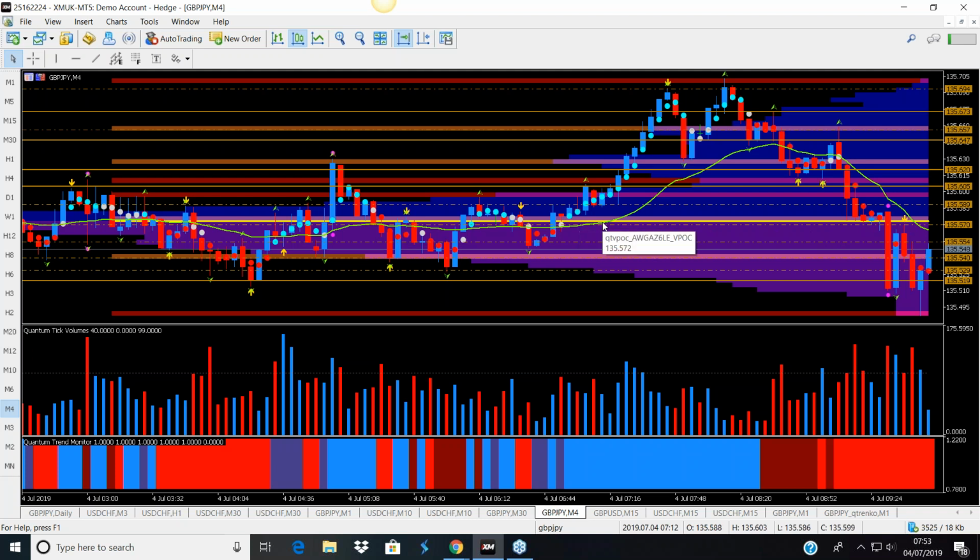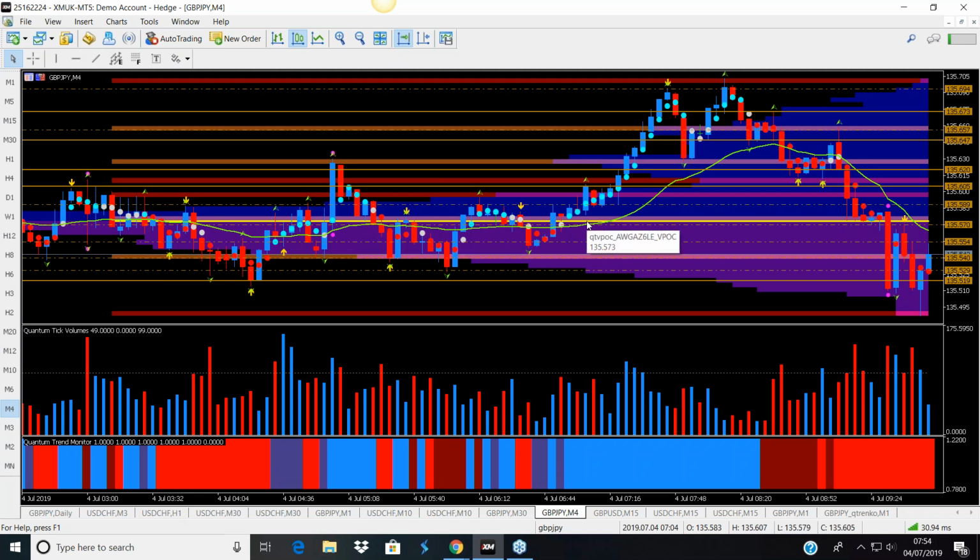The volume point of control is that area on the chart where there is price agreement, there is balance in this market. A trend, if you like, is imbalance. There is a divergence, there is this asymmetry. When price rotates around the volume point of control, or looks to break away and comes back all the time, it means there is no firm direction.